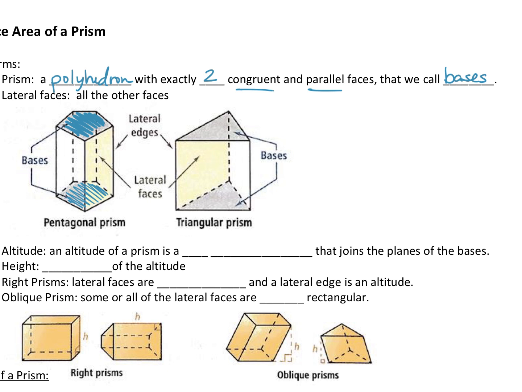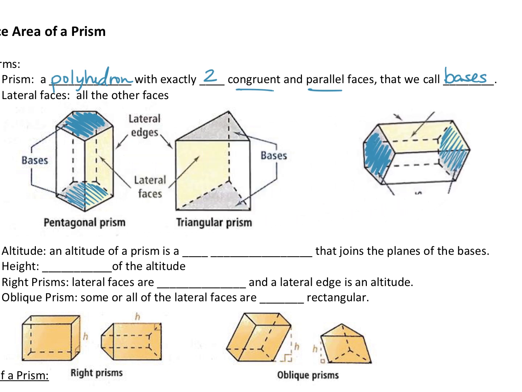Not because they're on the top and bottom, because I could rotate that figure. There we go. Same figure, right? Your bases are no longer top and bottom. They're left and right.